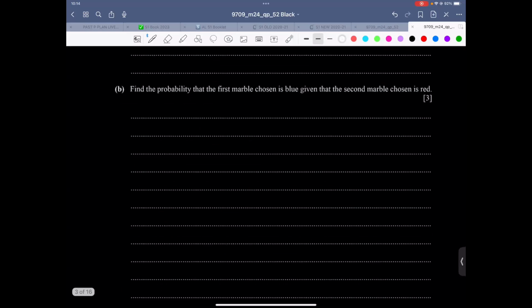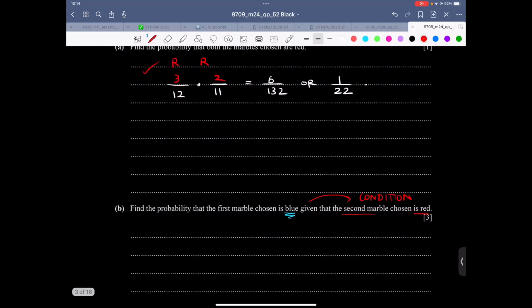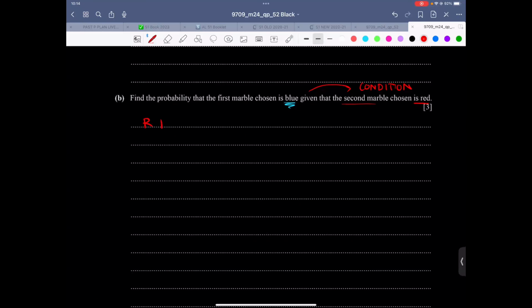The next part. Find the probability the first marble chosen is blue, given that the second marble chosen is red. Now, this is the condition. The condition is second marble should be red. That means one option is this one, which is red, red. And we are already aware of this probability, that is 6/132.